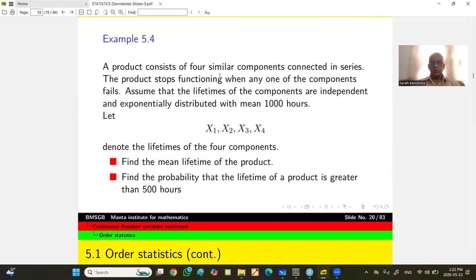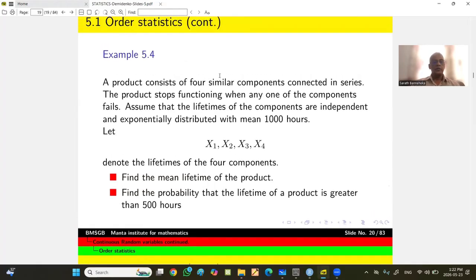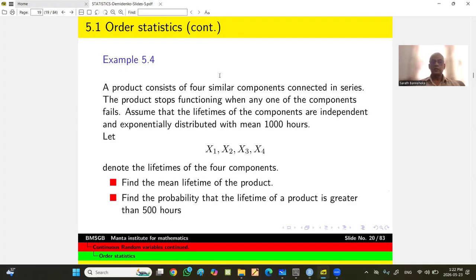We are going to answer this question now. There are again 2 methods that we can use. First of all, we have to identify the random variable that represents the lifetime of the product. What we know is the lifetime of each component. There are 4 components connected in series.